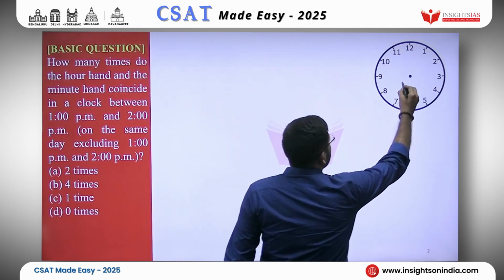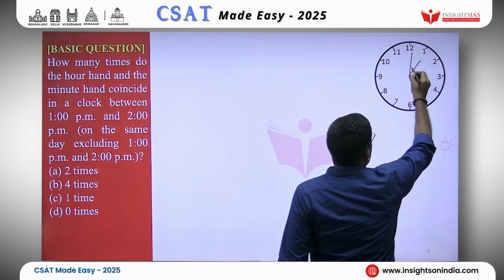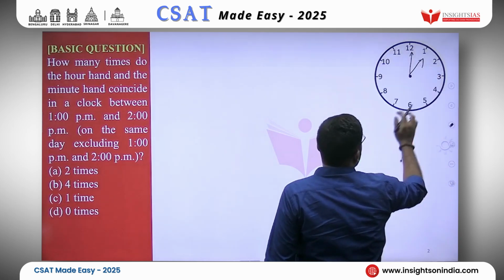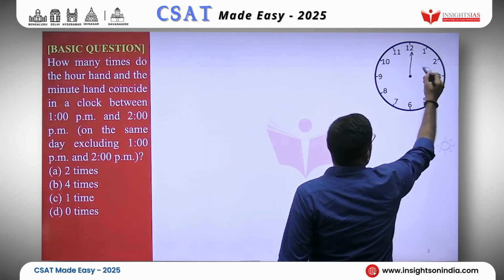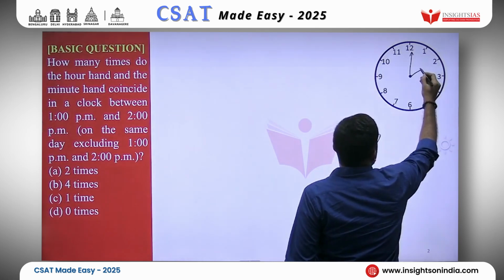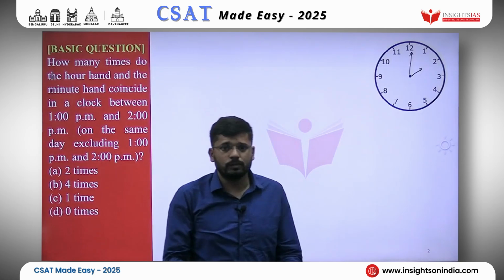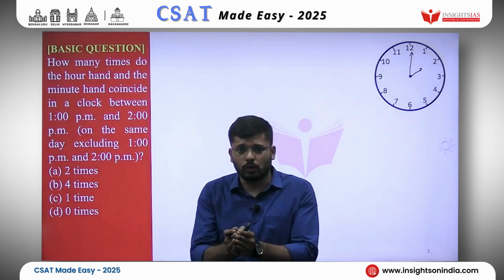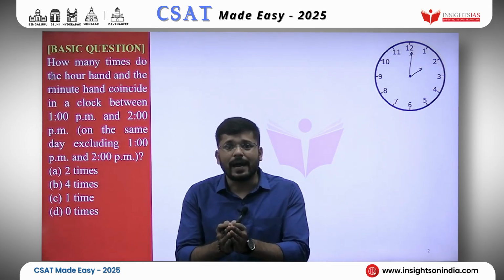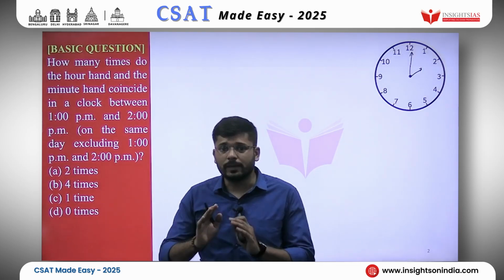Like this, right? This would be 1 o'clock and this would be 2 o'clock. So between 1 o'clock and 2 o'clock, do the hour hand and the minute hand coincide? And if they do, how many times do they coincide?